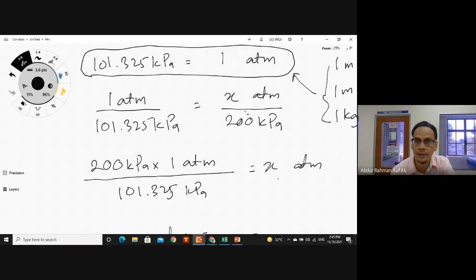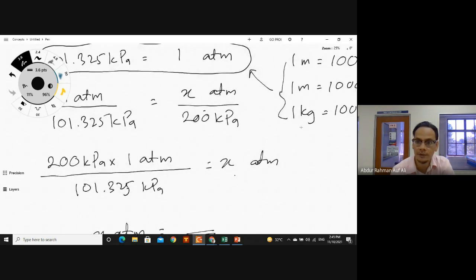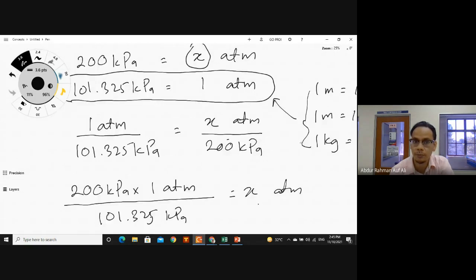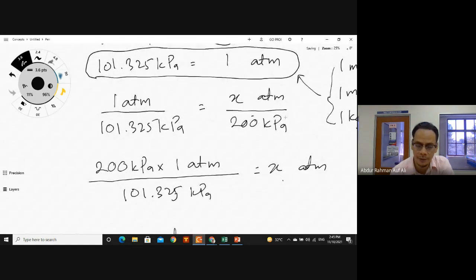Okay, the difference here is that the value is not as simple as metric units, 1, 100, 1, 1000. So this is a bit different. So you will feel it is challenging, it's not as easy as multiplying and dividing with 100, 1000. It's such a nice number, 100,000, easy. Here it is 101.325 kilopascal.